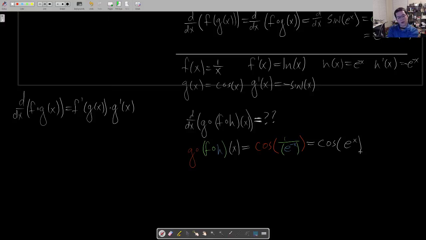This is not what I wanted. Because that's exactly the same as the one up here, only it's a cosine instead of a sine. Let's change this again. Let's see.